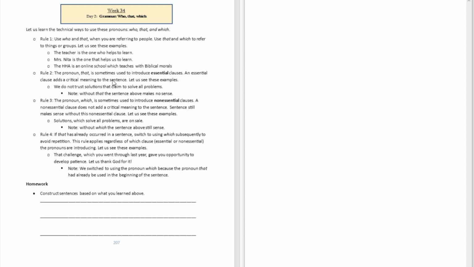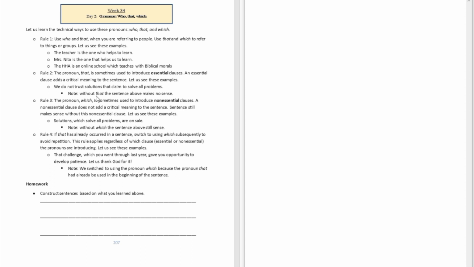All right. Rule number 2: the pronoun that is sometimes used to introduce essential clauses. An essential clause adds a critical meaning to the sentence. An example is: we do not trust solutions that claim to solve all problems.